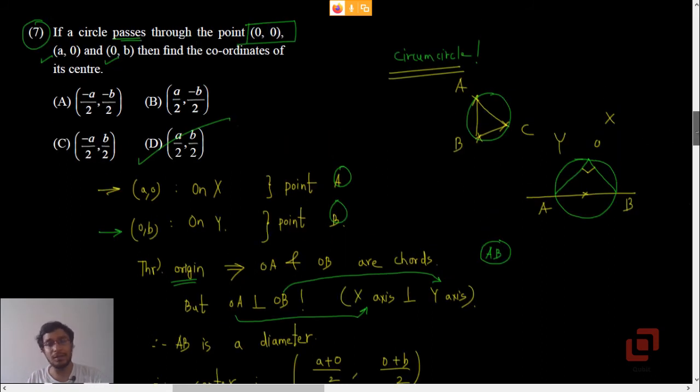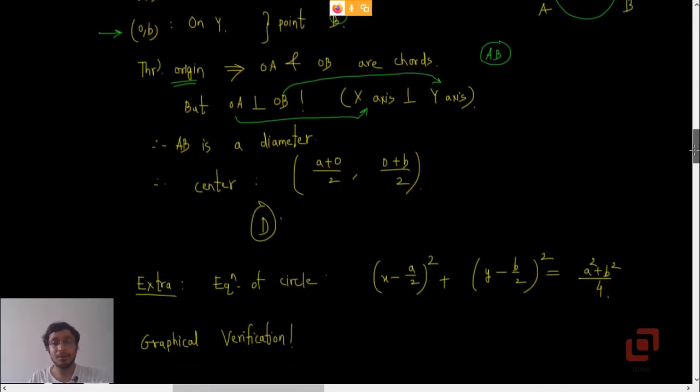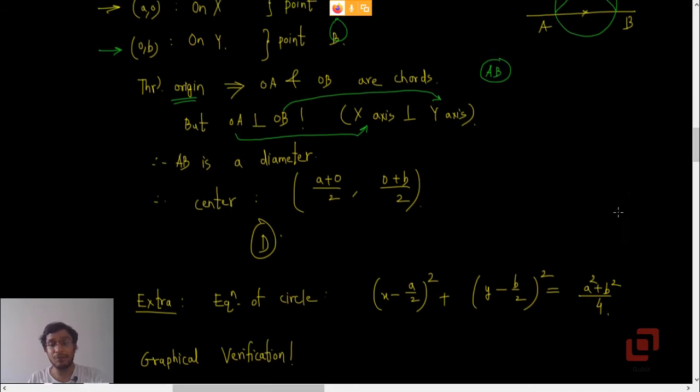So we have completed the 7th question, but I would also like you to pay attention to the equation of the circle. Now how did I get the equation of the circle? I already knew the coordinates of the center of the circle. Yes, a by 2, b by 2, that's what we did here as part of the solution of the MCQ.